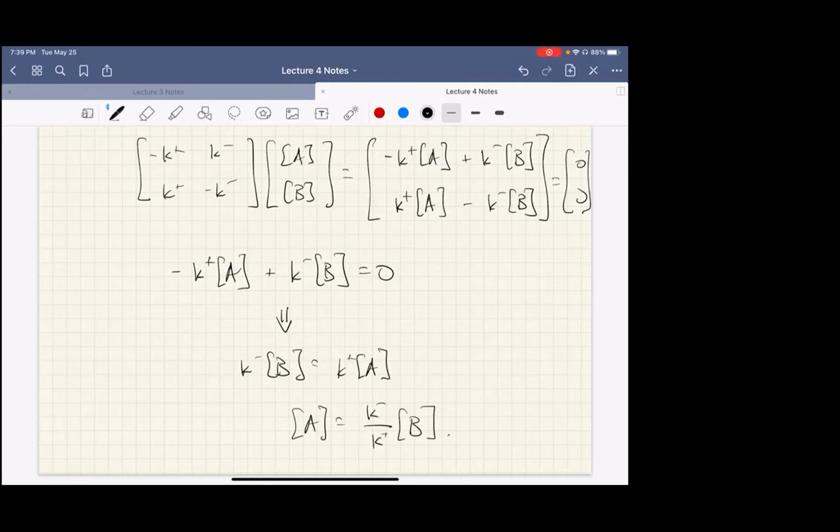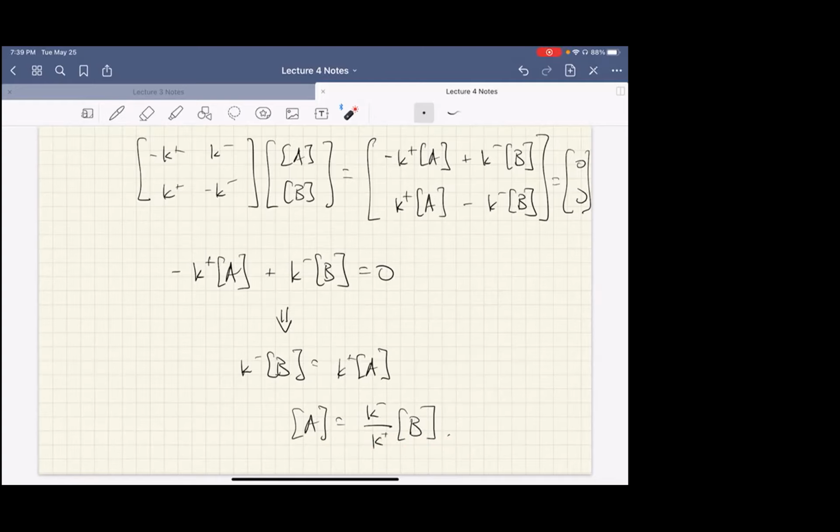What you'll notice also is that if you do the same thing at this line, you'll get the same answer. You probably know that that's how eigenvalues work. They're not unique. So basically, this is the relationship between the concentration of A and B, and you can't reduce it any further.